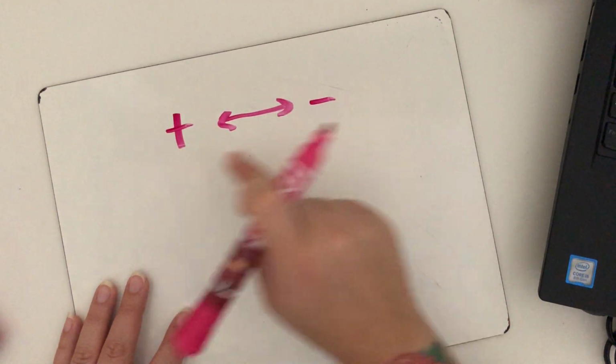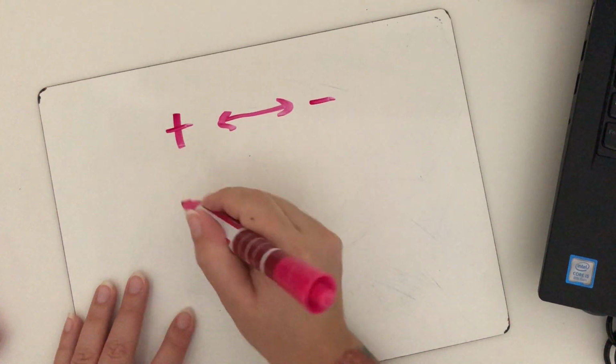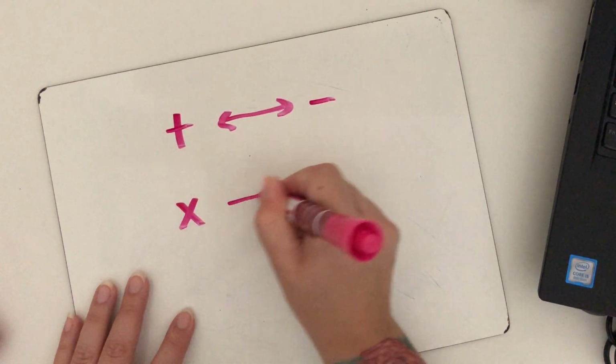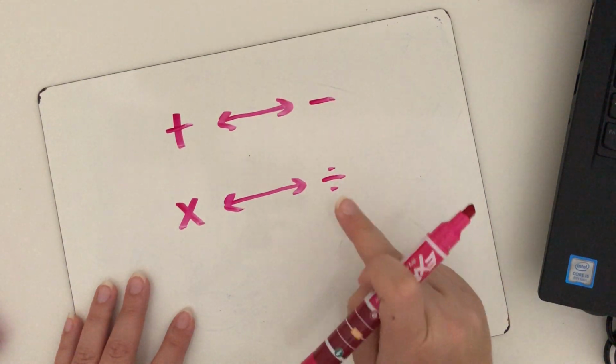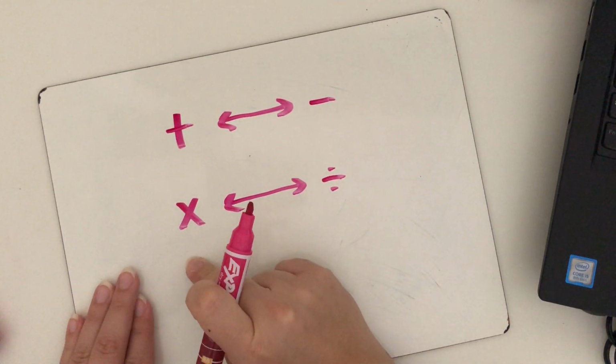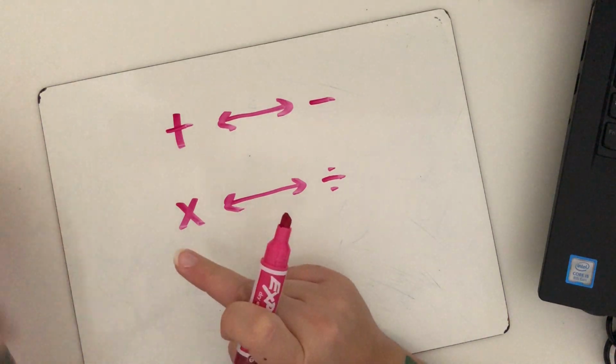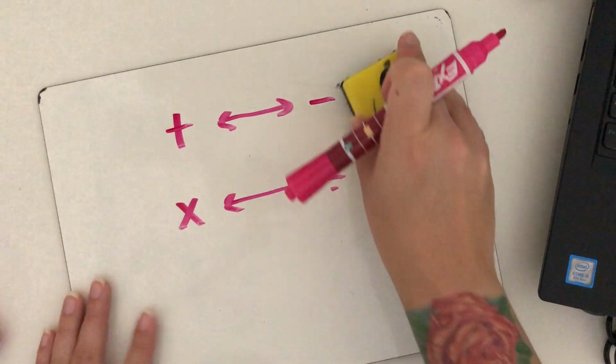If I have subtraction, my inverse is gonna be addition. And then if I have multiplication, my inverse is going to be division, and again, vice versa. If I have division, my inverse is going to be multiplication. So it always depends on what your original equation has for you to determine what inverse operation you're using.